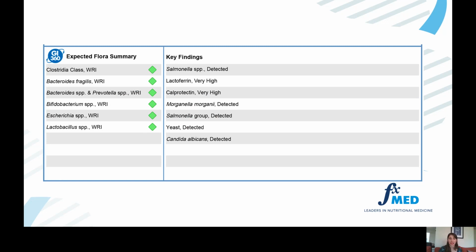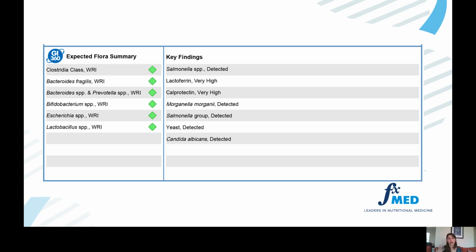So on the left here, we can see the expected flora summary, and we can see that there are some things noted that we can expect are a differentiation from what we might hope. And this is the stage 1 dysfunction, that microbiome imbalance. So all of these things on the side, they've taken note because these fall outside of what we would expect to see or hope to see in a healthy gut. So we know that there's a stage 1 dysfunction present.